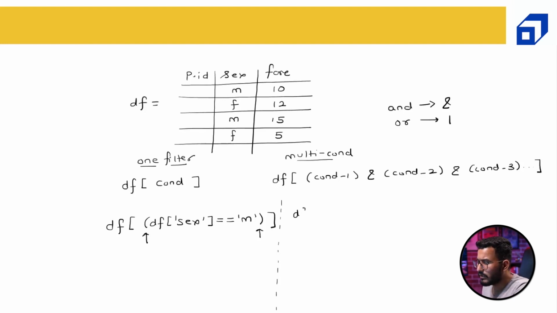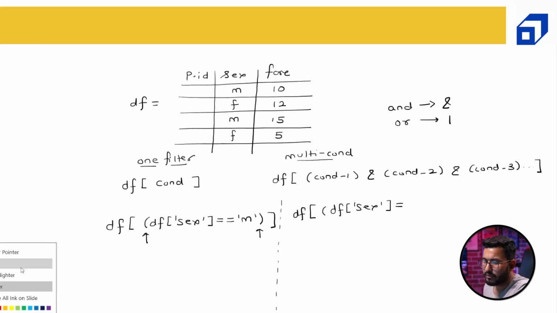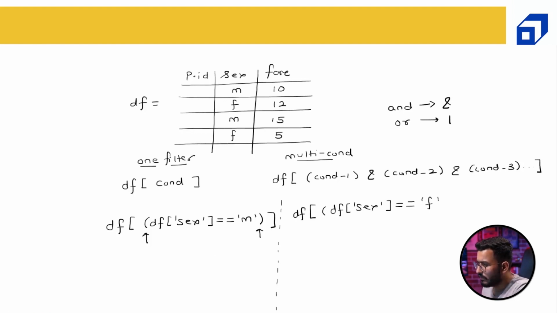df square bracket, condition 1: let's say I have to find all females, so sex is equal to f, round bracket close, and the second condition is df fare is, let's say, greater than 10.